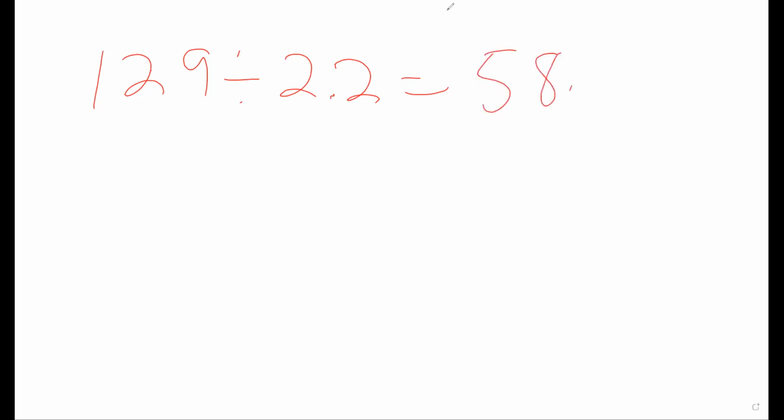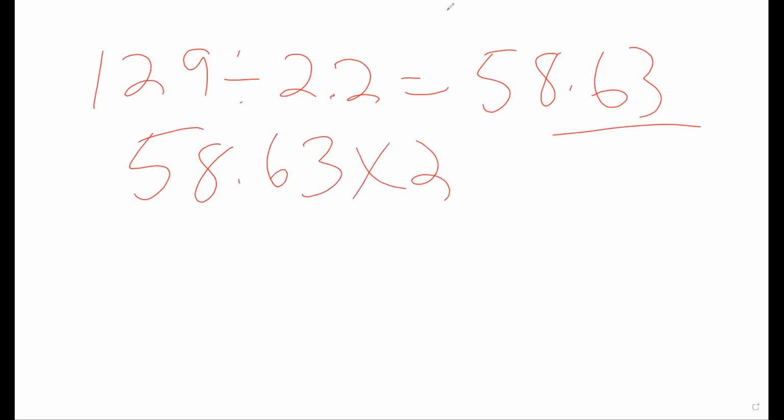Okay, so we got 129 divided by 2.2, which gives us 58.63. Leave the whole number in there. We're multiplying that times our 24 units, which gives us 1,407.